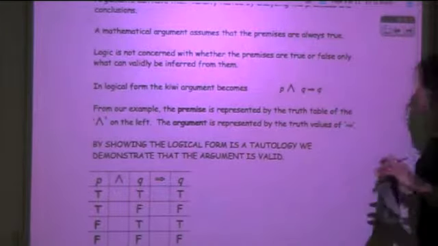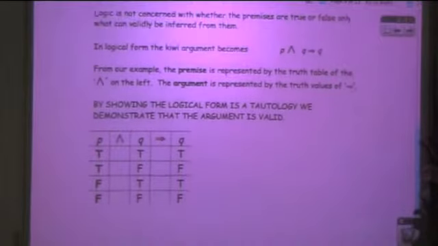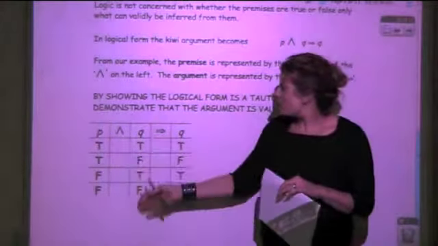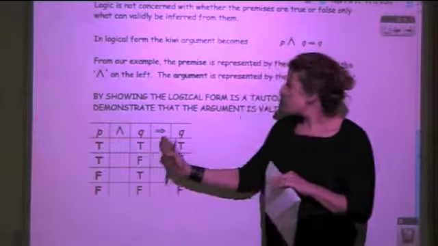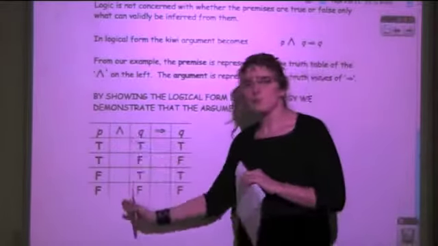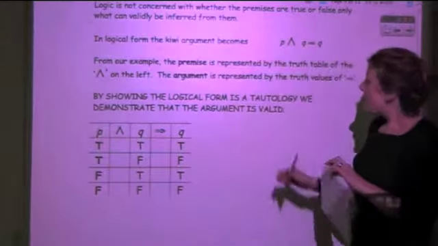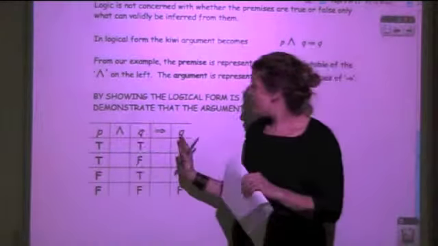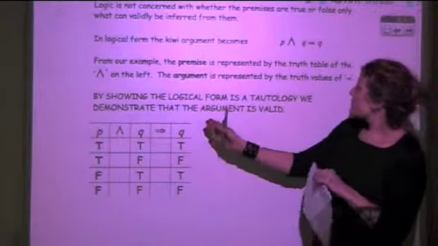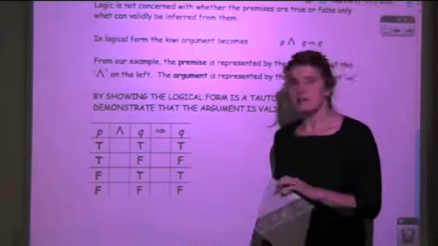So let's show that. Now we're going to be using our truth tables in a slightly different way. We're going to be setting it up so that we're going to put our answer to our premise in between them here. And then we're going to put our answer to our premise and get our conclusion and put it here. So let's have a look.